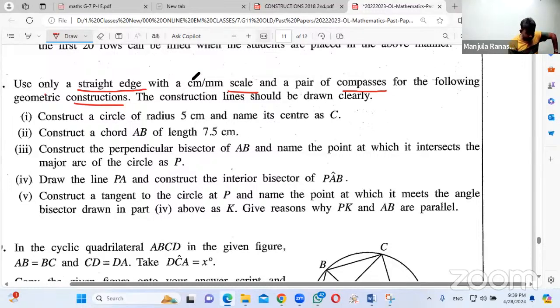Construct a circle of radius 5 centimeter and name its center as C. Right. Then construct a chord AB of length 7.5 centimeter.